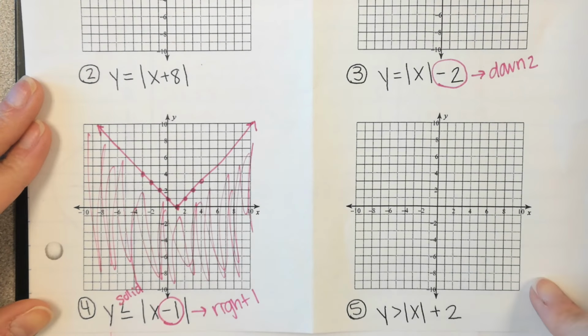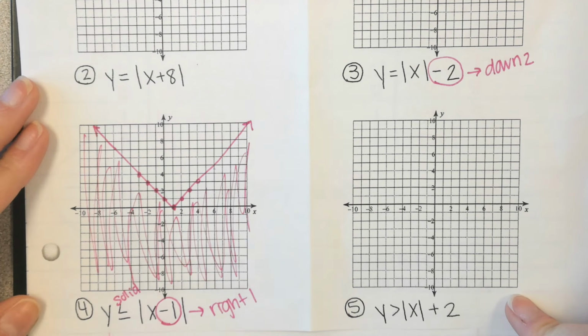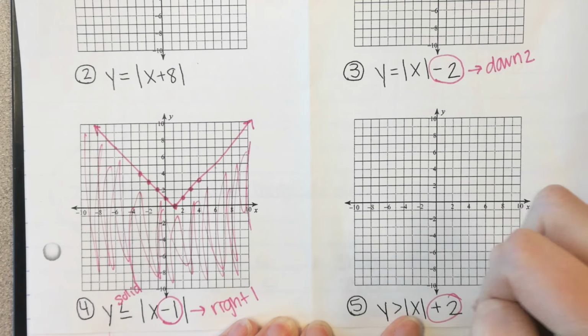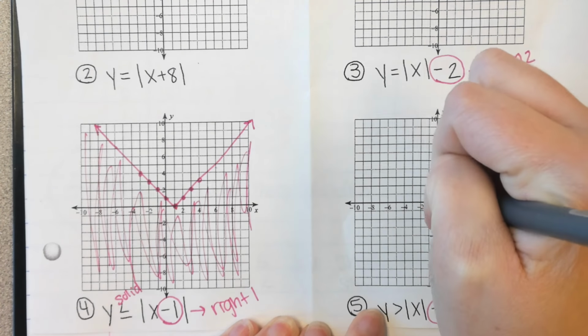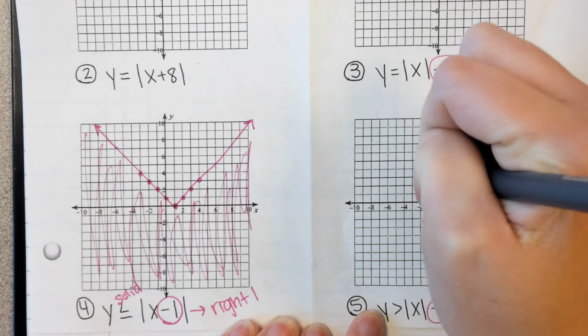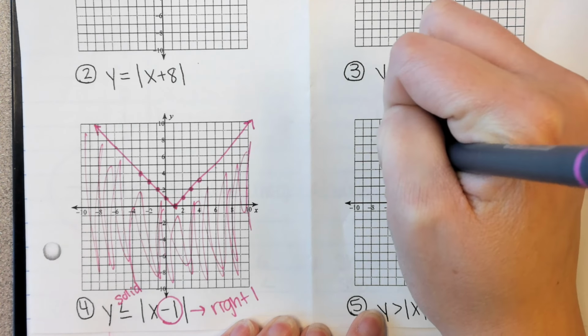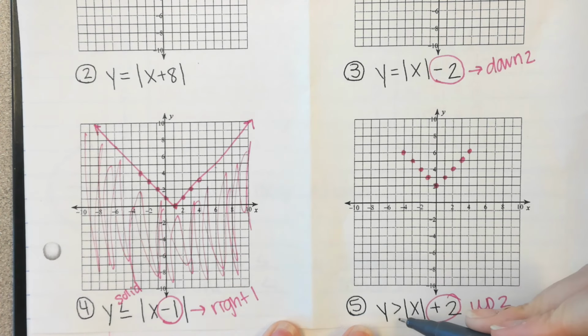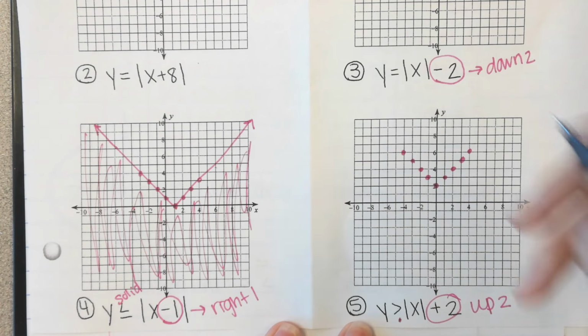Okay, we're going to do the same kind of thing on number 5. This time we have a +2 on the outside, so that tells us we are moving up 2. So make your shape. Okay, now do I need a solid or dotted line? Dotted, because there's no equal to.